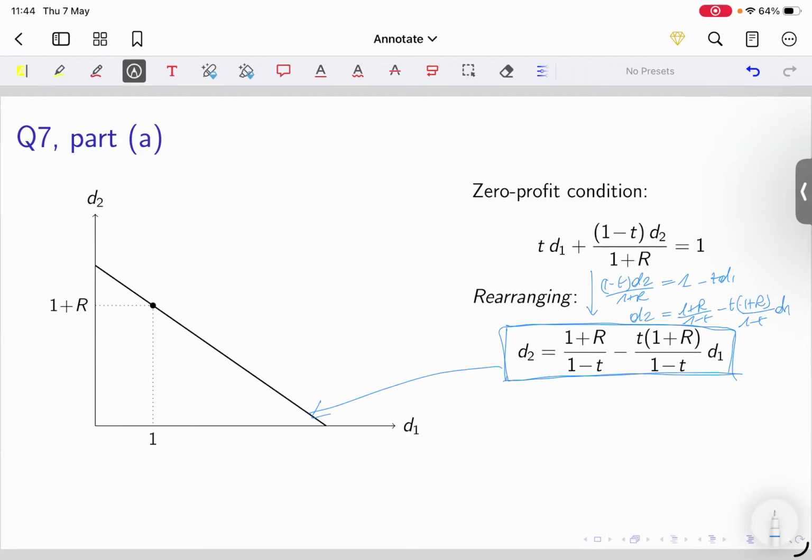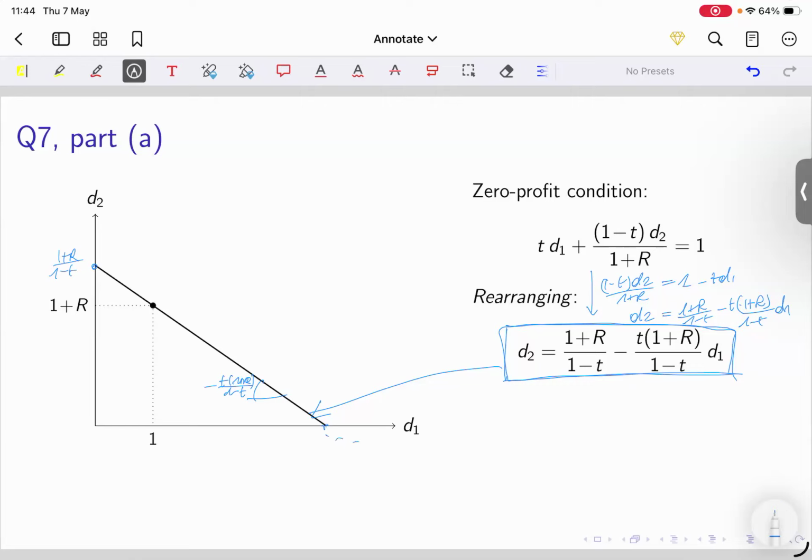And you see here then you have the slope. This is minus T times 1 plus R over 1 minus T, negatively sloping. The y and x intercepts, you can calculate these as well.